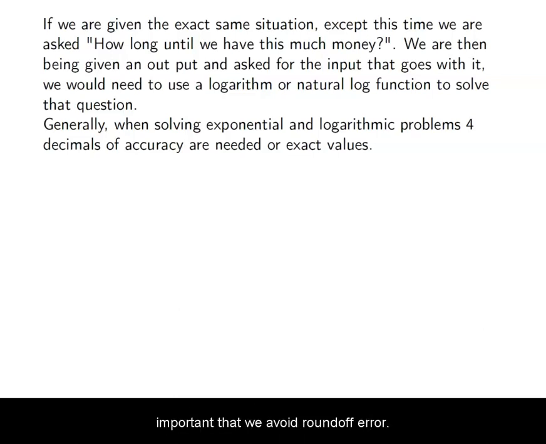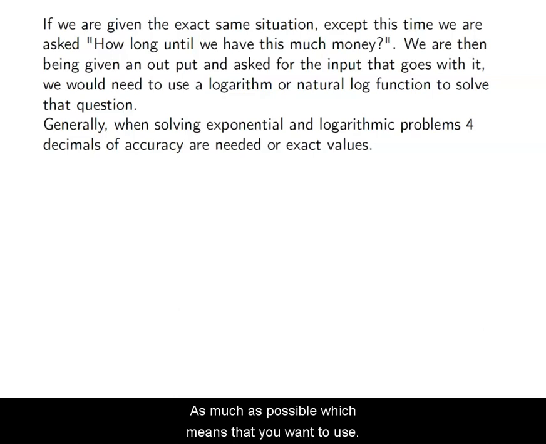It's very important that we avoid round off error as much as possible, which means that if I say I want something to 4 decimal places of accuracy, that does not mean you cut off at 4 decimal places every time you do a calculation. That means you keep as much information as possible throughout the entirety of the problem until the final step, and then you round to your 4th decimal place.